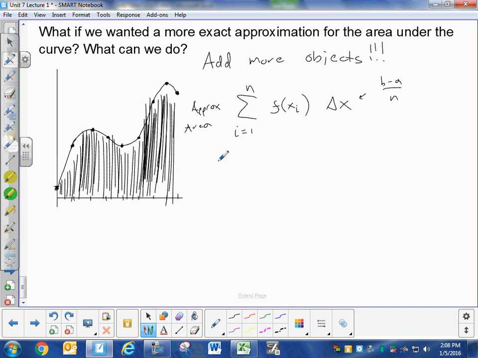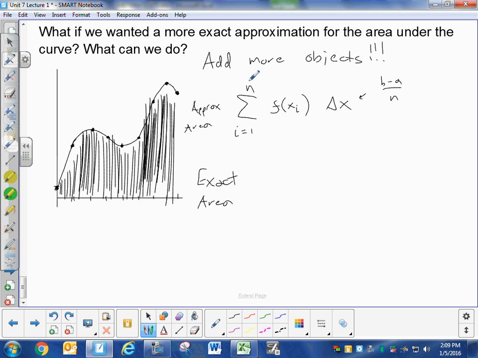Okay, so what would I change in this formula to go from an approximate area to an exact area? Yes, we'd put an infinity for n, right? But we don't want to plug infinity into that summation formula because we can't really grab infinity. So we need to talk about as n approaches infinity, and what is the notation that we use to say as something is approaching?